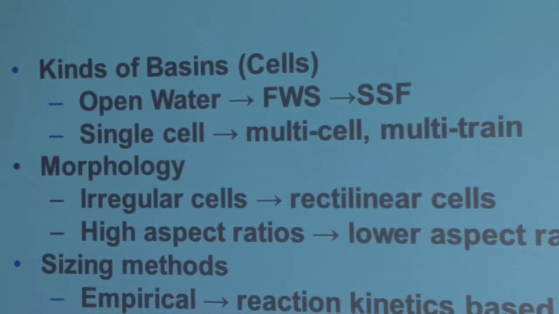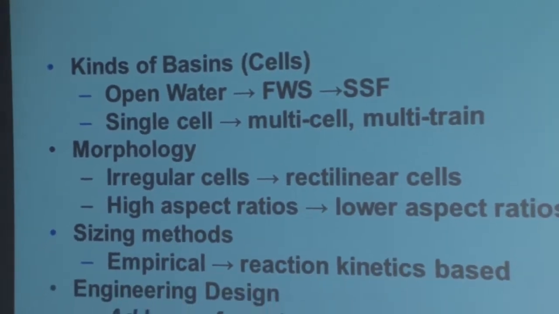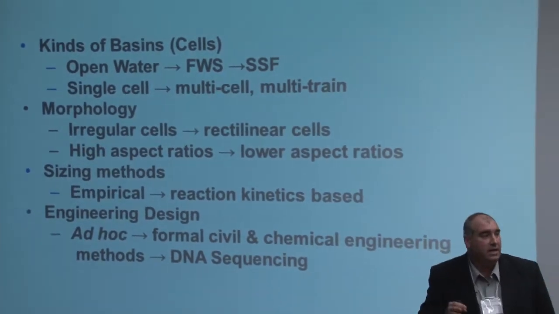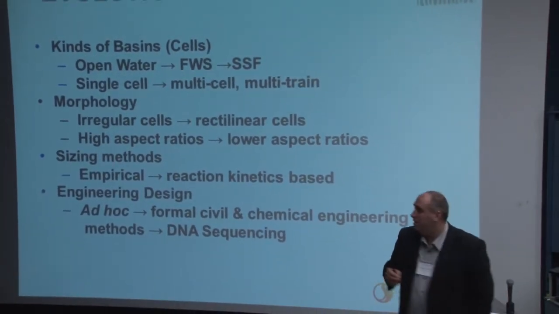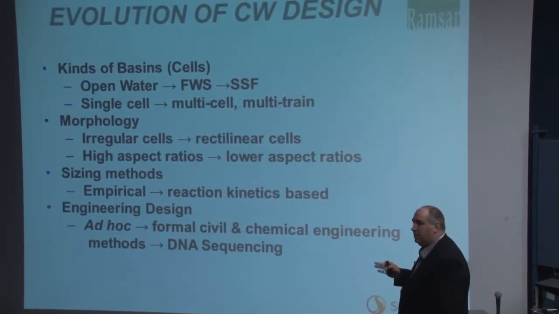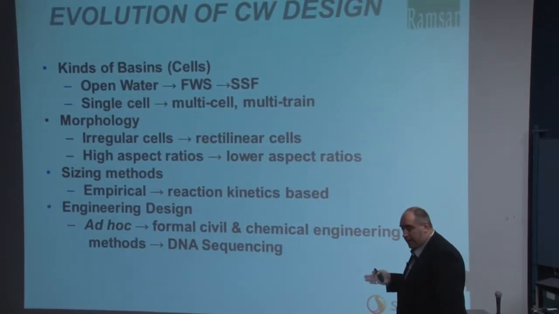Subsurface flow wetlands, by the way, are very important in northern climates because it's the key to making the system function during the cold. Single cell to multi-cell and then to multi-train type systems.